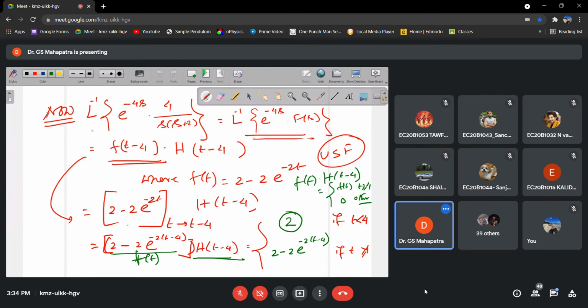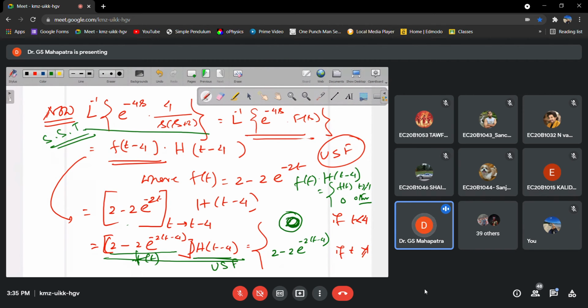This inverse transform you have already used. Second shift theorem here. Now after that you got this answer. That is the answer, but we should not write only this form. So now you have to use USF, unit step function, to define the function.